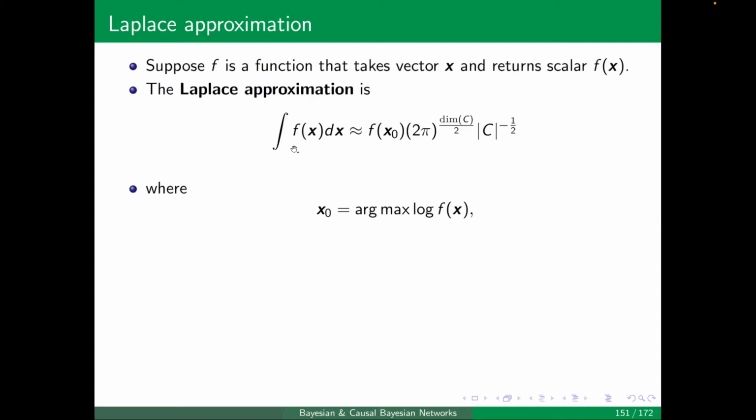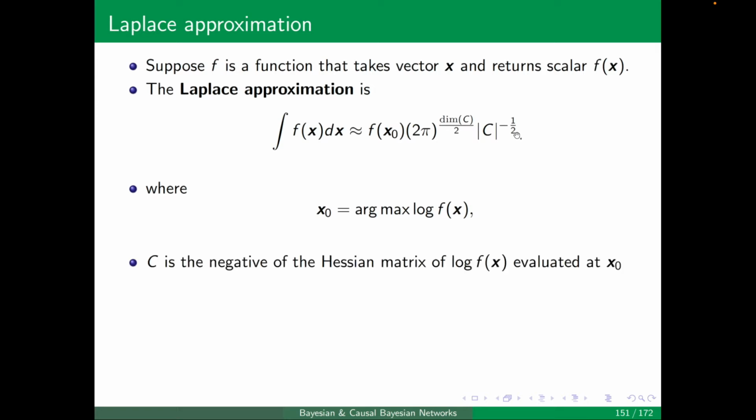The integral of f of x is approximately equal to the value of f at x0, which is argmax log f of x, so it's the point where the log of f becomes maximum, times 2 pi to the power of dimension of C divided by 2, times the matrix C, the determinant of it, to the power of minus 1 over 2.